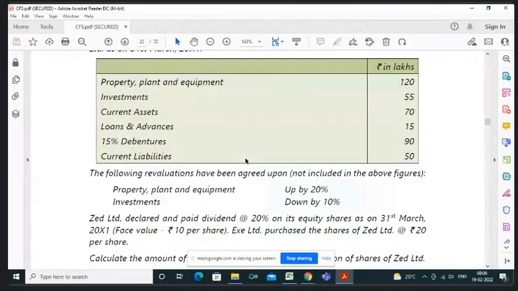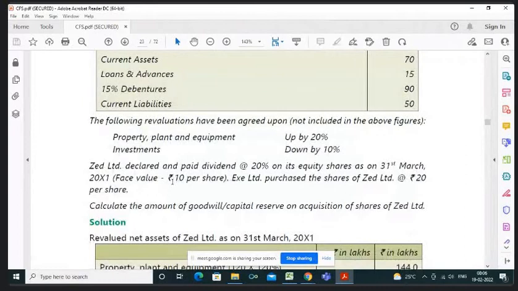It means it is out of the pre-acquisition profits. On the face value, 20% dividend is paid. So what we should remember, we have to reduce the cost of investment by this particular amount of dividend. Then only we can find out the correct cost of control.